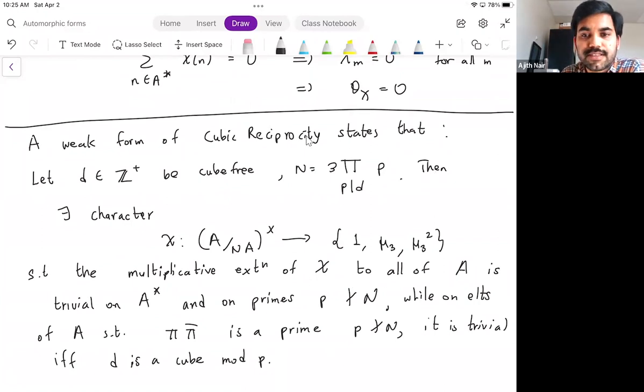And this is what cubic reciprocity tells us. So there is a particular Dirichlet character associated to (A mod NA) cross.